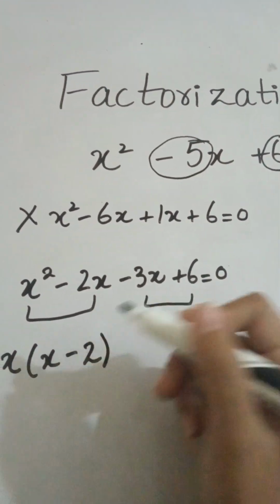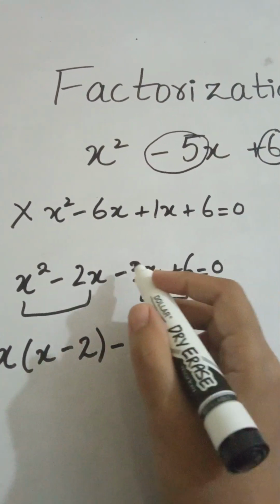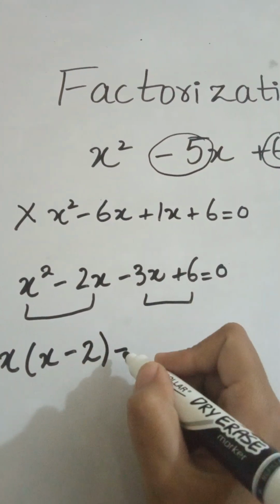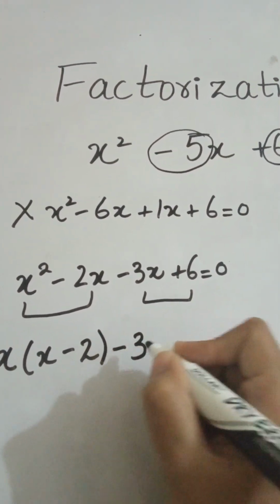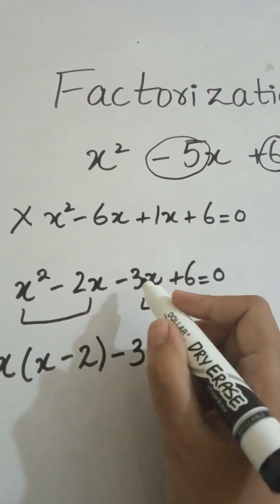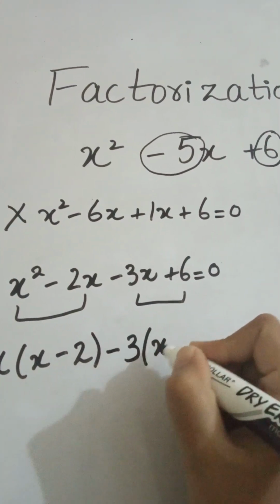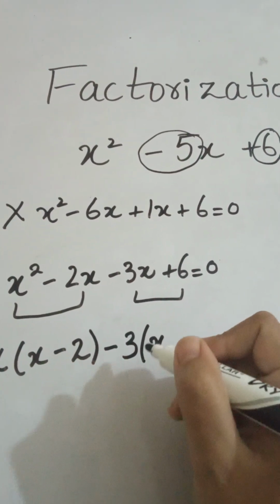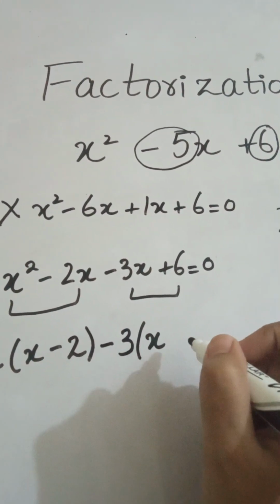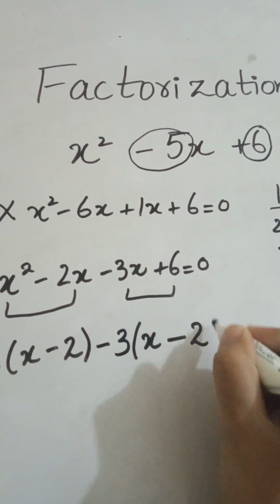So I have to take minus and 3 common. Why 3? Because 3 divides 6 and 3 also, because 6 is the multiple of 3. So I will get x, and the signs will change, because it's a universal rule in maths that if you take minus common, then the signs of the other terms will change. It is positive, then it will become minus. 3 times 2 is 6.